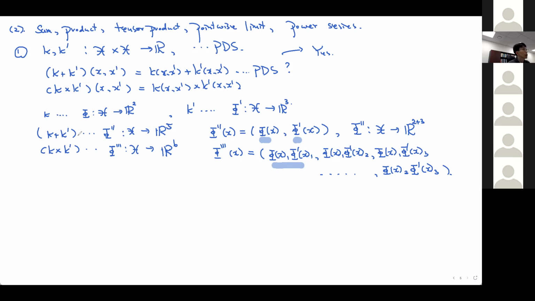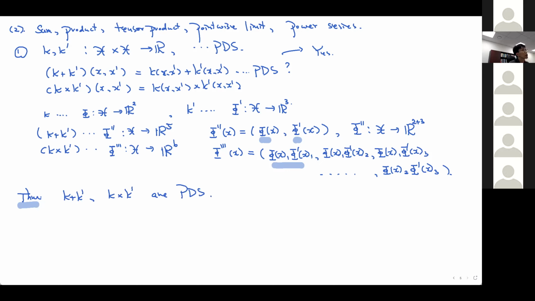Now, for the proof, there is a theorem in the textbook saying that both K plus K prime and K times K prime are PDS.